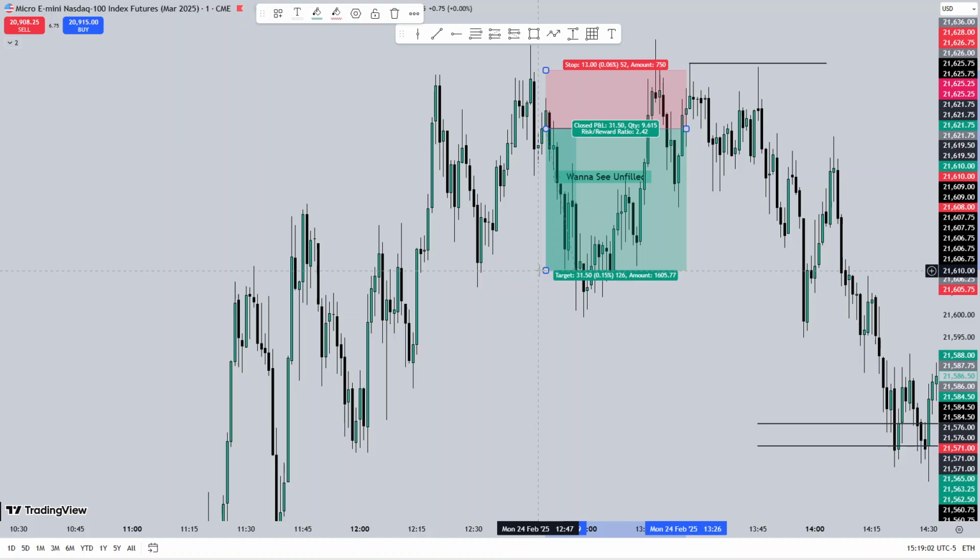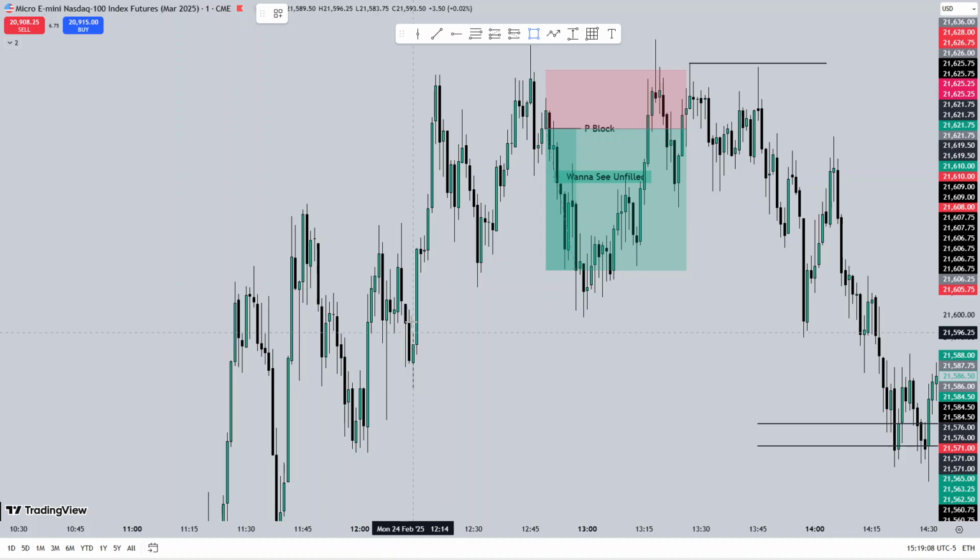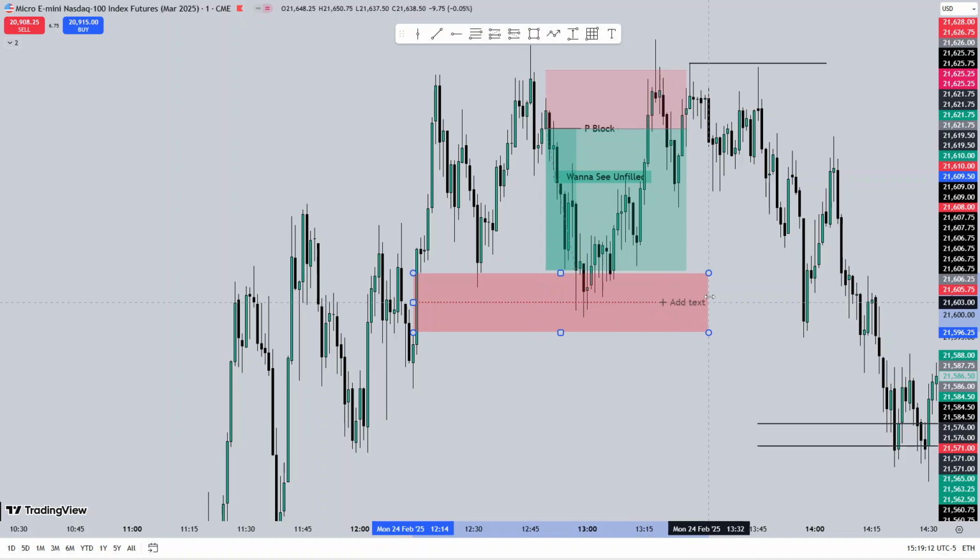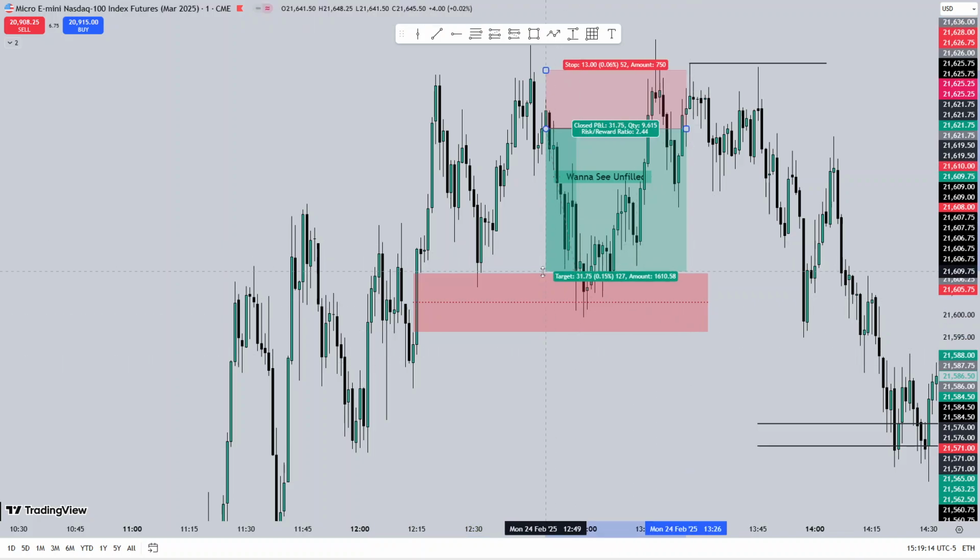Sorry guys, I simply put my target profit over here, like this is the last fair value gap, okay. I took my partial at this last fair value gap.